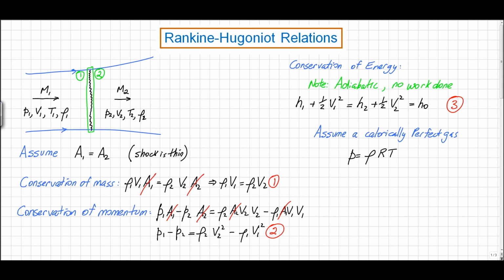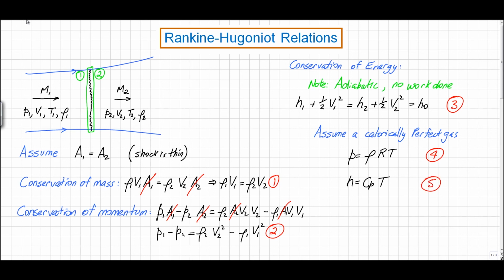So P is equal to ρRT, which is going to be our fourth equation. And we'll say that we've got constant specific heat, so therefore we can relate the static enthalpy to the static temperature through the specific heat at constant pressure. So that says that h is equal to CpT, so that's our fifth equation.